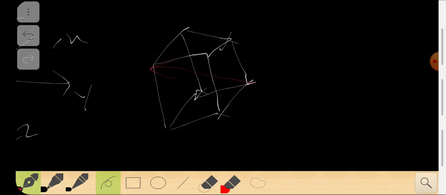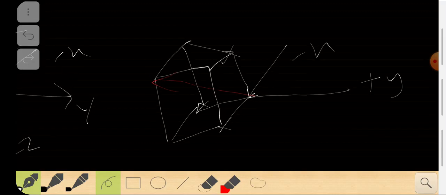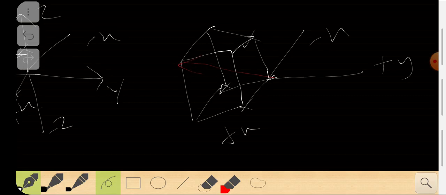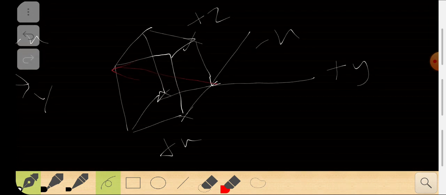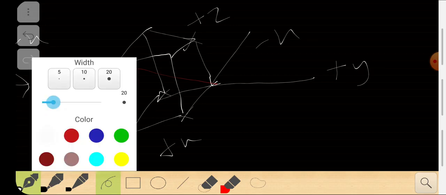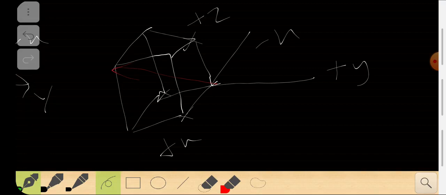Here this is the x-axis, this is the y-axis, and this is plus z. The angle made with the z-axis is called theta.